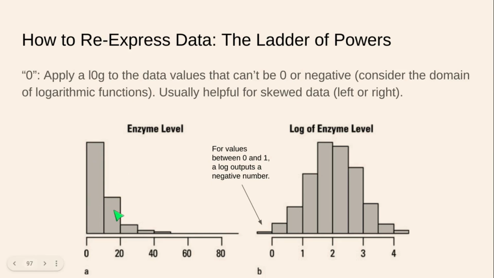Most are bunched over here to the left, but it really trickles down over here, and apparently there's something going on out here that's so small that we can barely see it. But we don't like outliers in data analysis. If we can make them not outliers through a transformation, that's awesome. So if we were to take a log, we would get something that is beautifully symmetrical and easy to analyze.